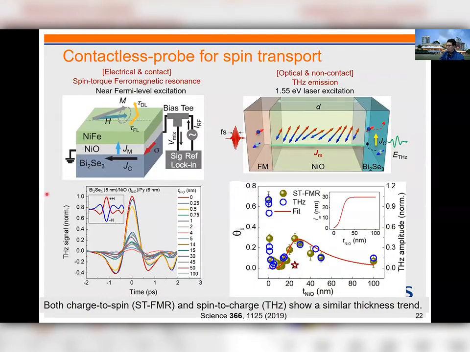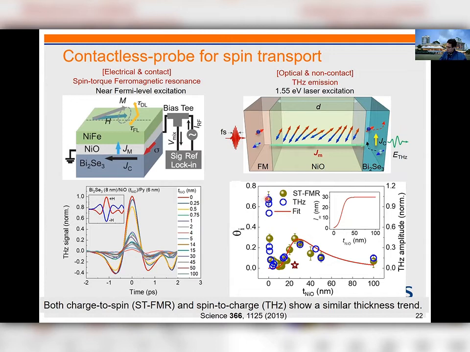So first we study using spin torque ferromagnetic resonance measurement. So we inject the nickel oxide in between bismuth selenide and nickel iron, and then study as a function of the nickel oxide thickness. Then we find the STFMR data.